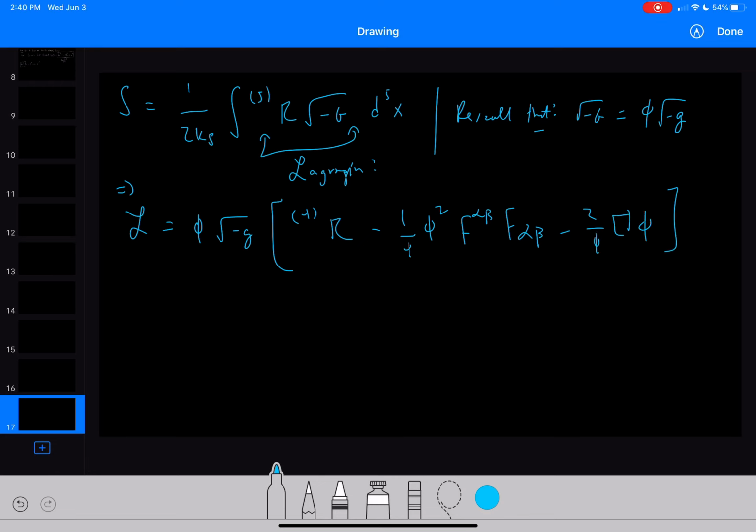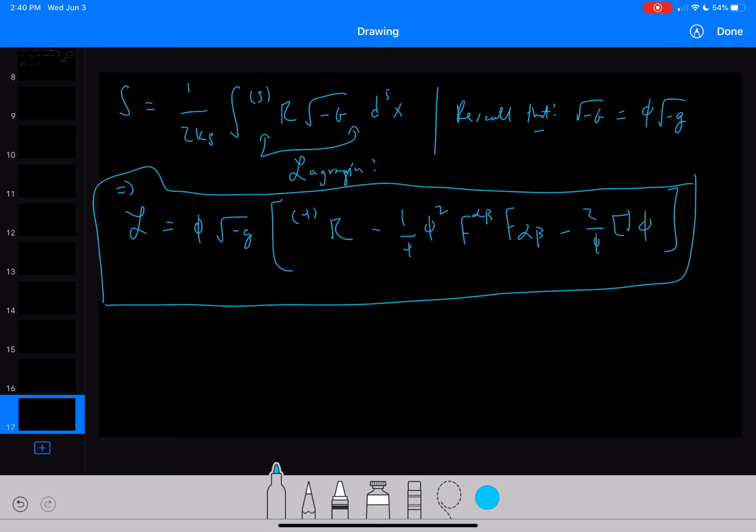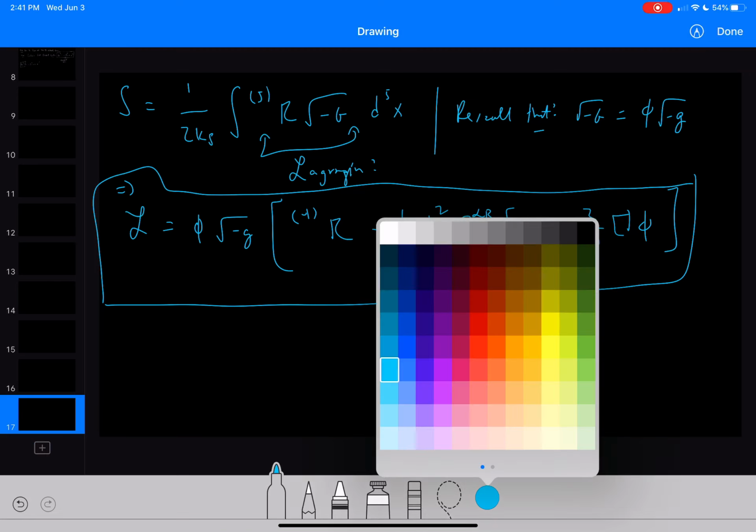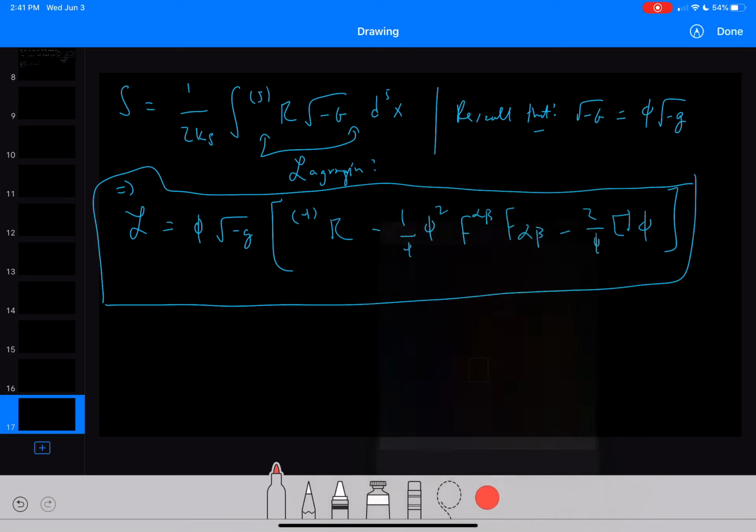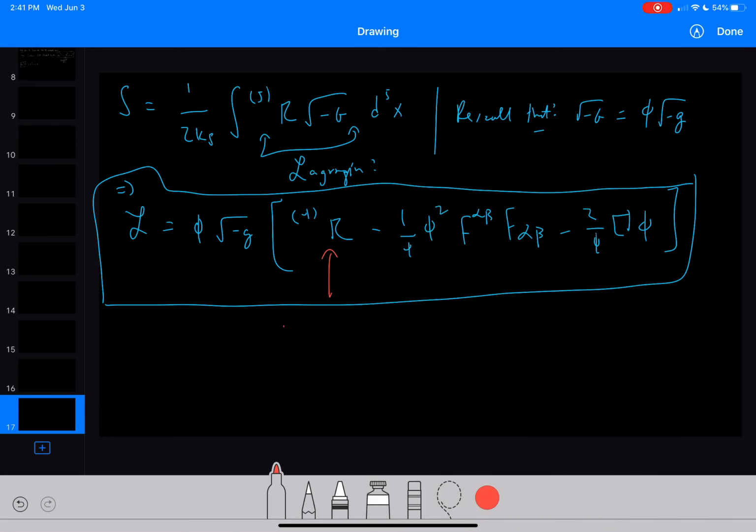So this is one of the most amazing ideas. If you look at this 5D theory of gravity, some interesting results pop up. The first term here is the regular 4D gravity, Einstein's GR.